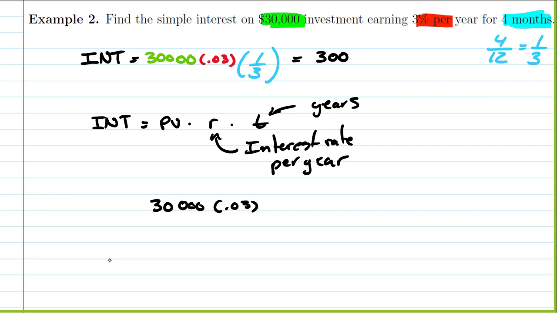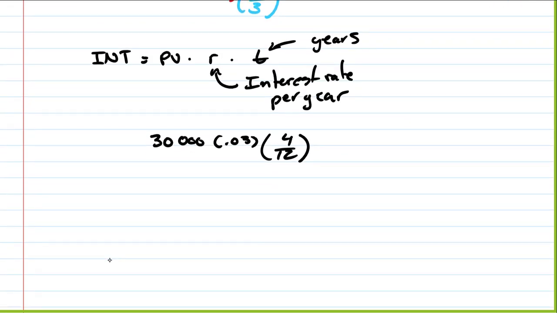So if we were to take that expression, and I'm going to go back to my 4/12, we could use some properties to rearrange these terms. So I have 30,000. I'm going to move the 12 over here, and then I'm going to leave the 4 here. When written this way, the 30,000 is still our present value, but what would the term 0.03 over 12 be?